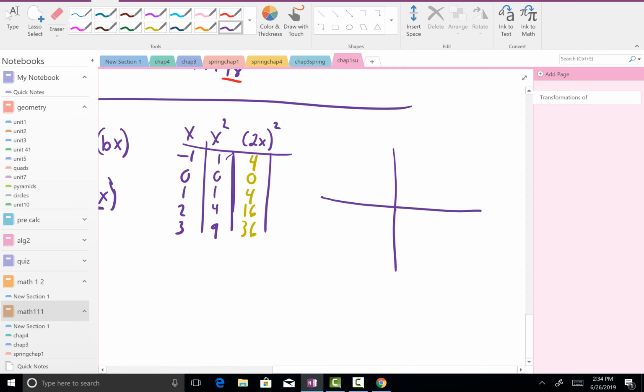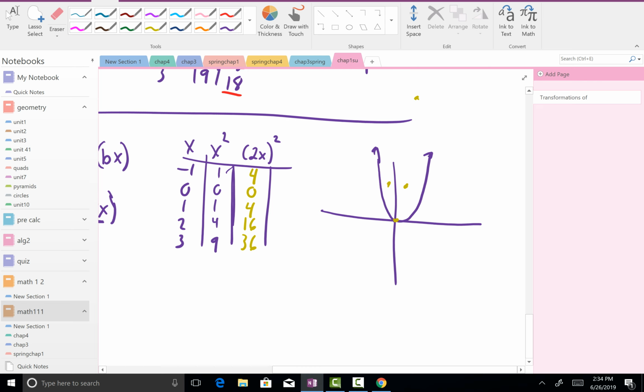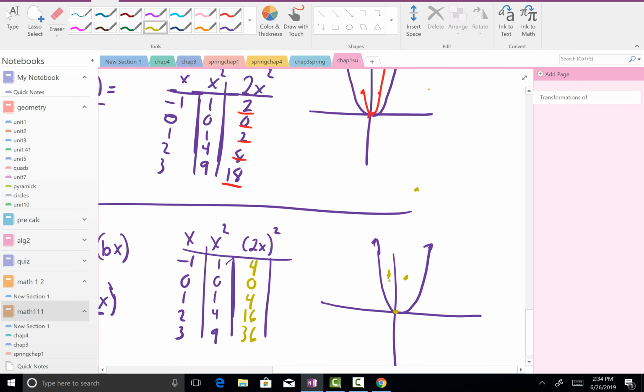Normally it's kind of like this, right? But now that I've stretched this thing, -1 is like a 4. 0, 0, 1, 4, 2, 16, way up there. And 3 is way up here at 36. So you see that it is really becoming pulled.